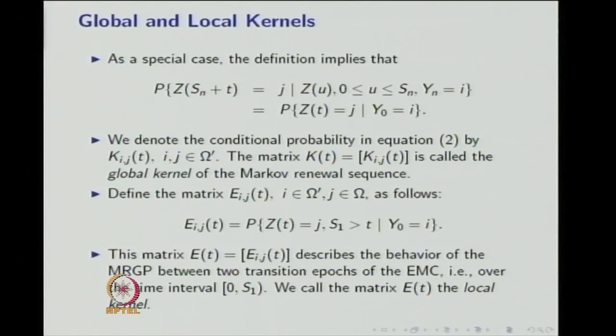So E_{i,j}(t) is nothing but the probability that the system will be in the state j with the first regeneration time point greater than t. That means the system will be in the state j at time t, and the first regeneration is going to occur after time t, given that at S0 the system was in the state i.